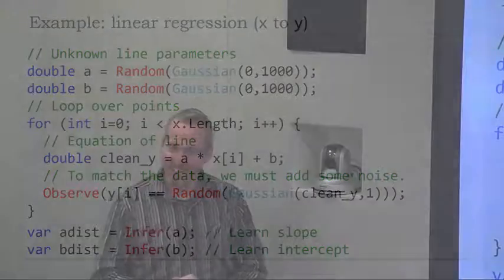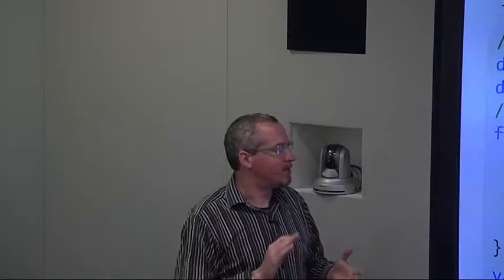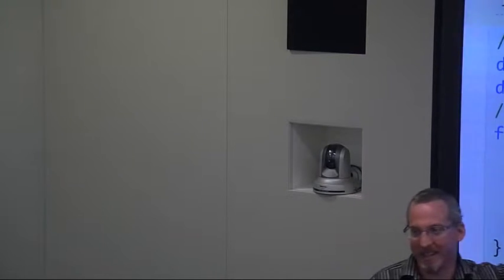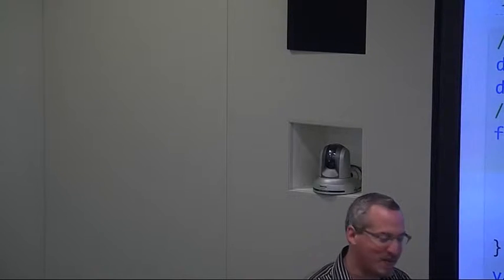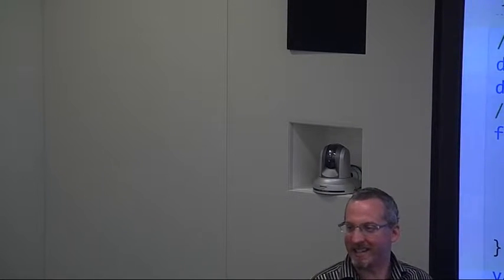So we pick some A and B, then we compute a clean Y, and then we add noise to that. And with vanishingly small probability, we'll actually hit the actual data.